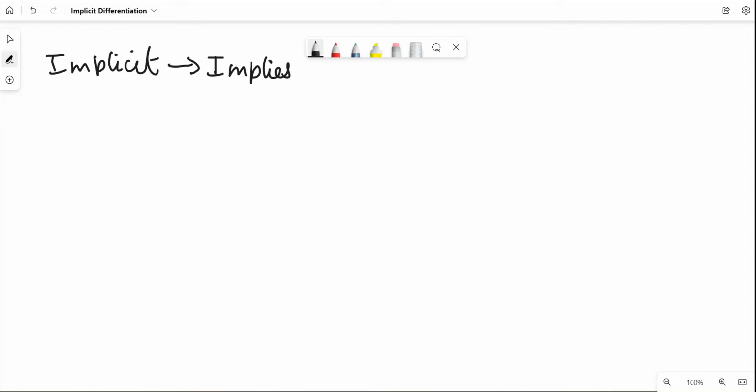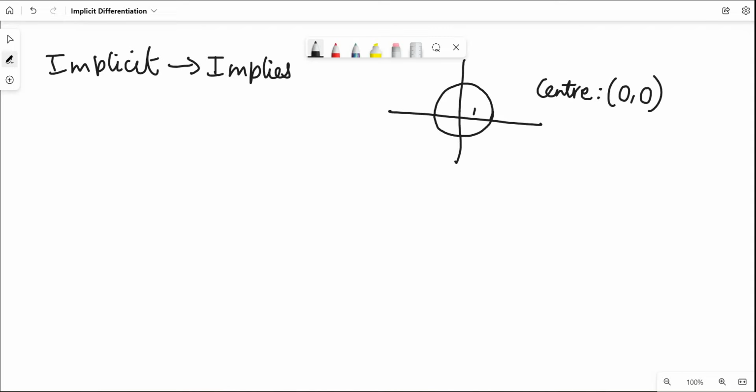So let's start off with the equation for a circle. If you remember, a unit circle is just a circle with radius 1, and let's say the center is 0, 0. So the general formula for this circle would be x squared plus y squared equals 1 squared.